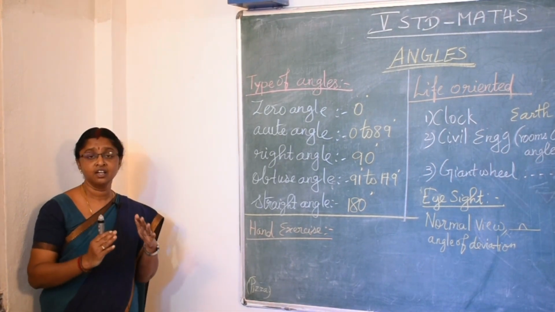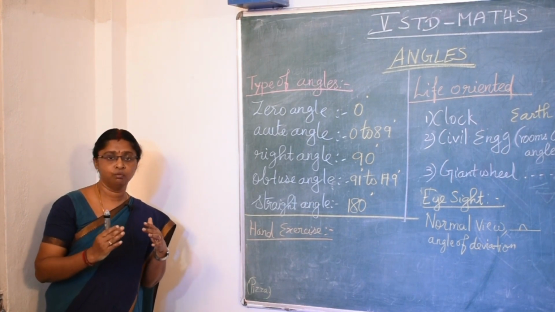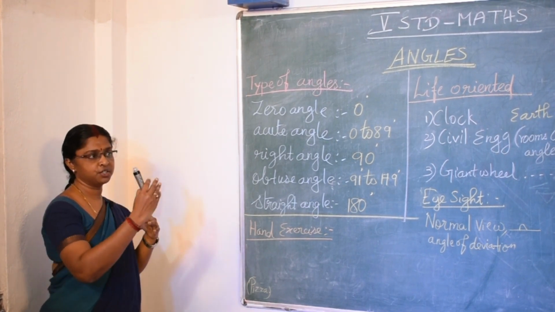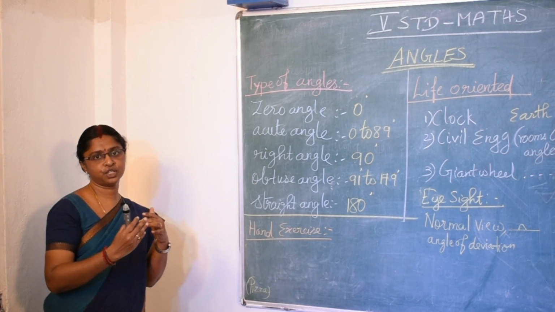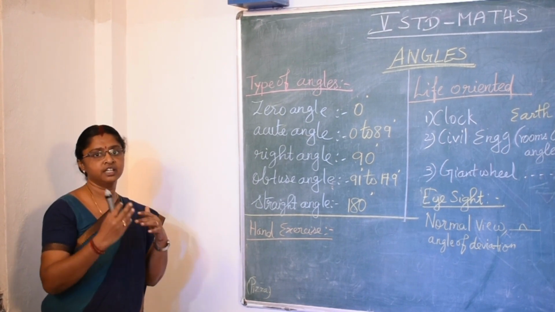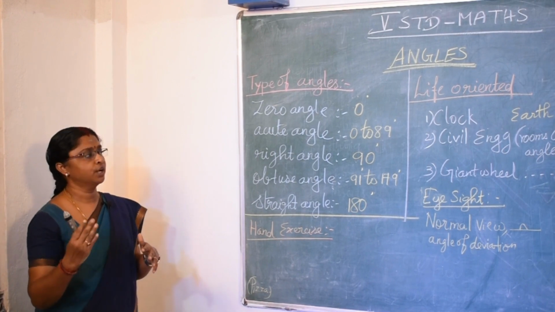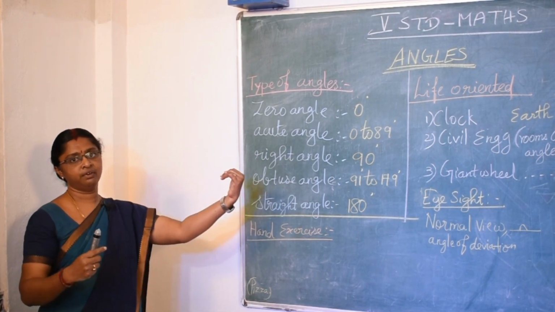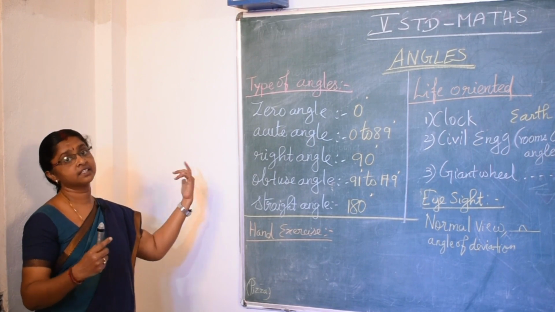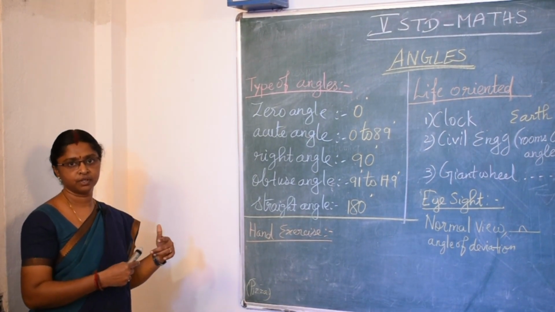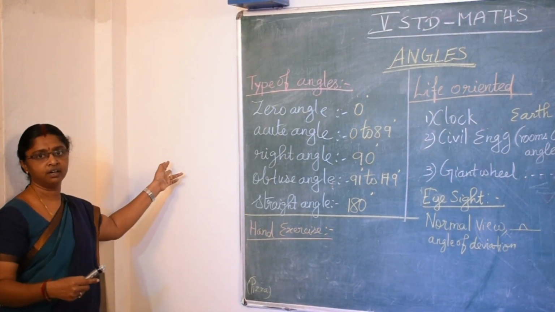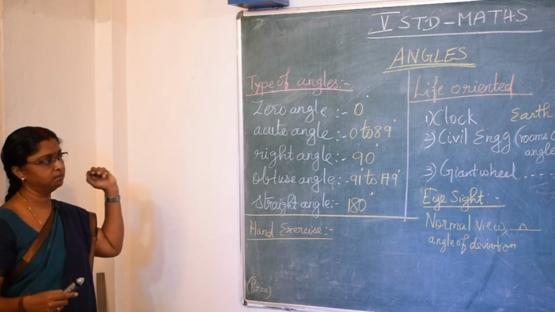In civil engineering, when we construct a building, they use angle of elevation, angle of deviation, angle of projection. Using these angles, they construct the buildings. So this is a life example: the corner of the building.